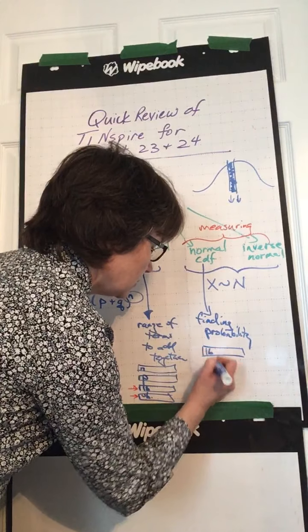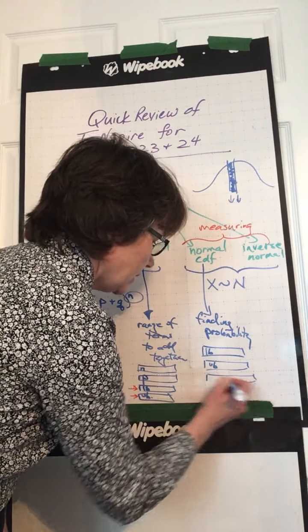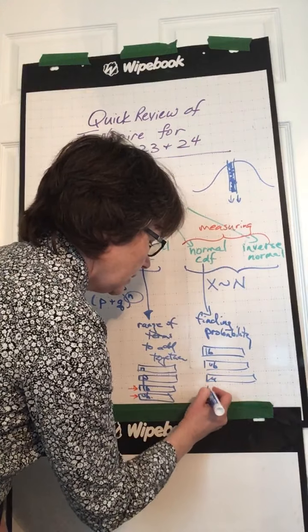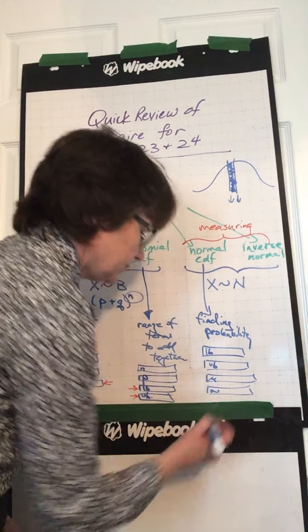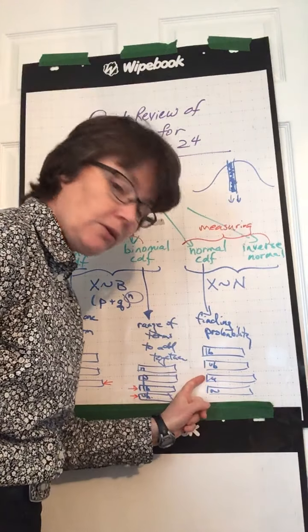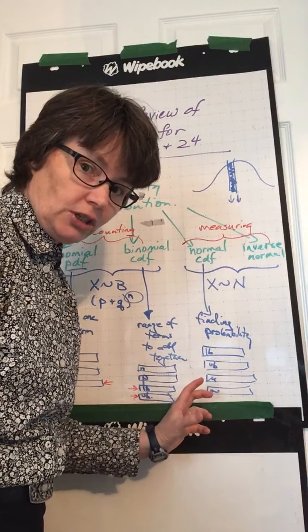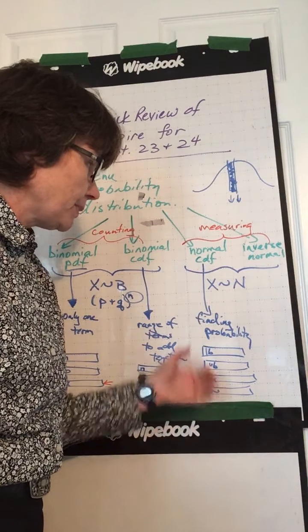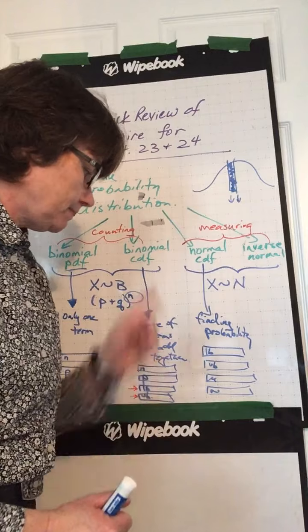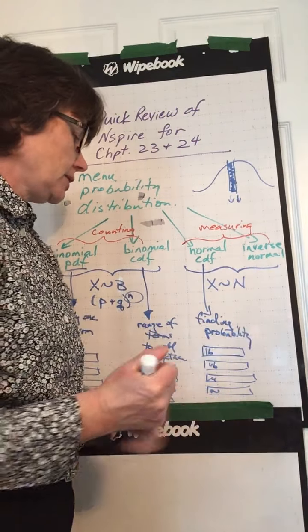So we get lower bound, upper bound, and then the mean and the standard deviation. That's if we know the mean and standard deviation. If we don't know them, we can go back to our Z distribution and find the Z score using our inverse norm.